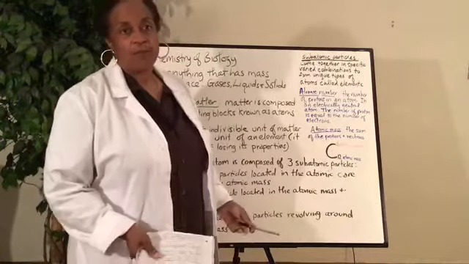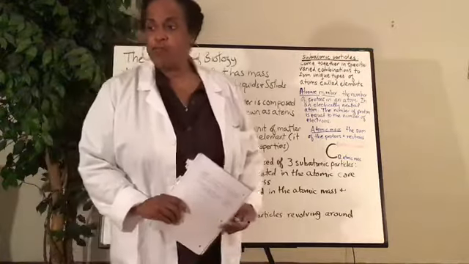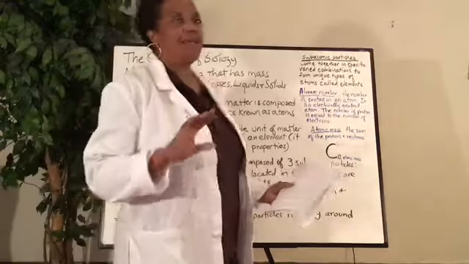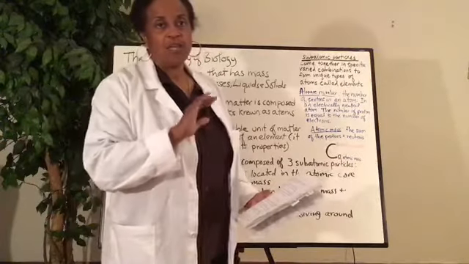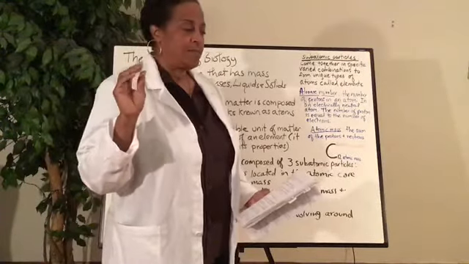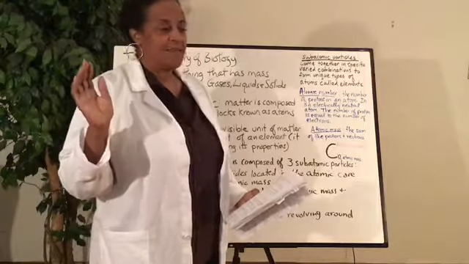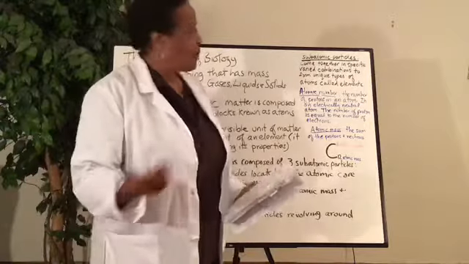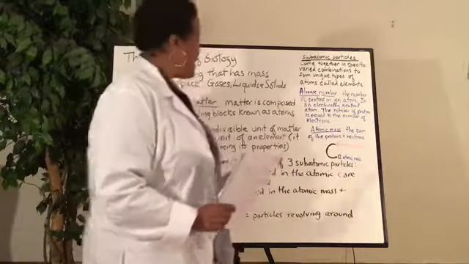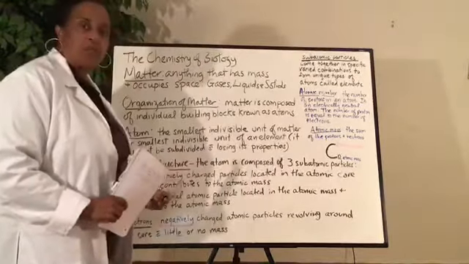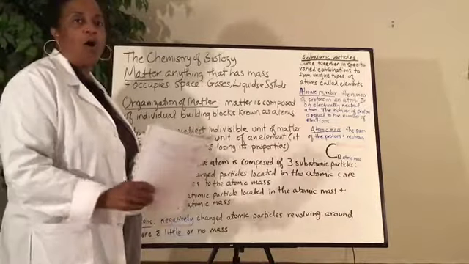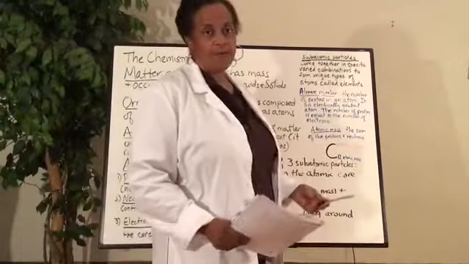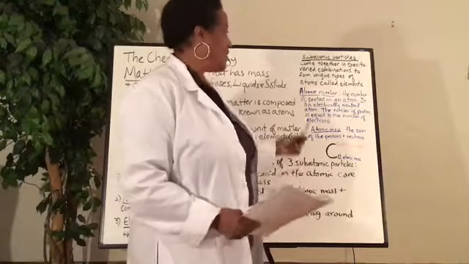If you've ever seen the periodic chart, and there's one in your textbook, in chapter 2, it shows carbon, nitrogen, potassium, fluoride, all of the elements known to man. These 3 subatomic particles come together to form all the elements known to us in the world. Gold, silver, lead, iron, etc.